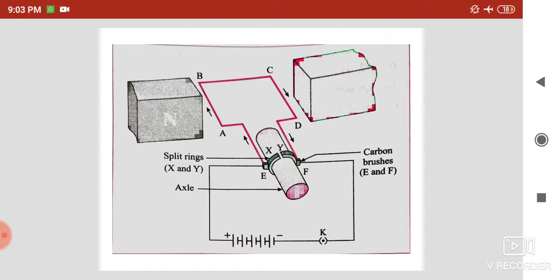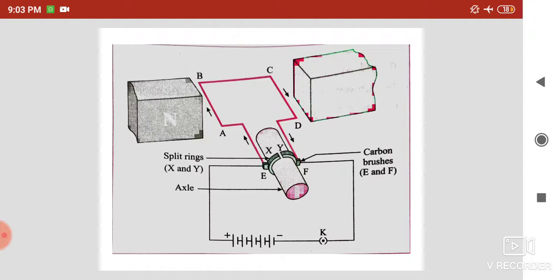When the circuit is completed with the plug key or switch, the current flows in the direction E to A, then B, then C, then D and F. See carefully.